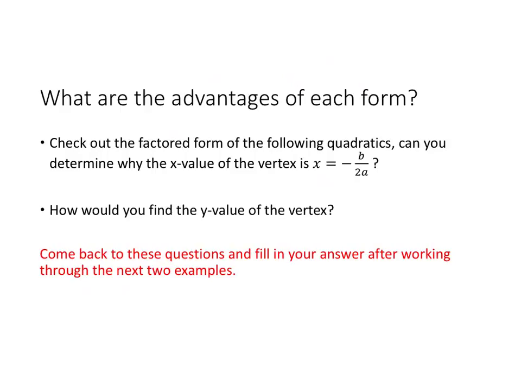And I also want you to think, how would you find the y value of the vertex once you have figured out the x value of the vertex using this right here? So we're going to do the two examples, and then I want you on your own to come back to these questions and fill in your answers.